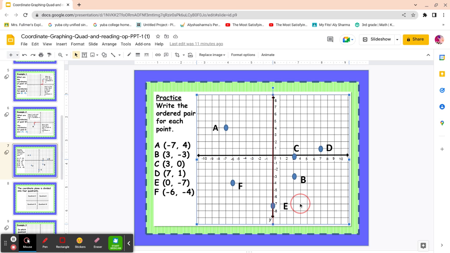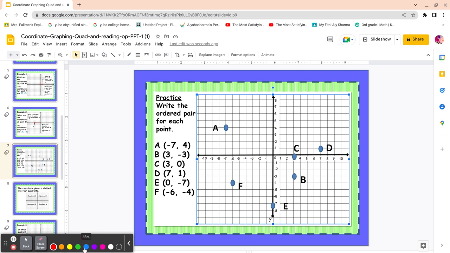This is precisely where it's going to be, where my cursor is showing. And I wish I could put something there. Yeah, I can make it with the pen. So right here, let's see, -7, 4 is right here. This is -7, 4.